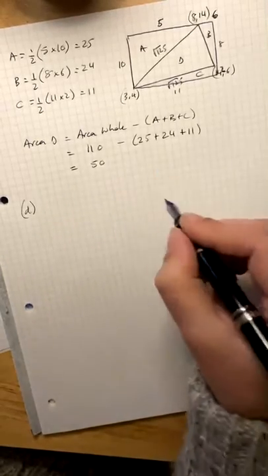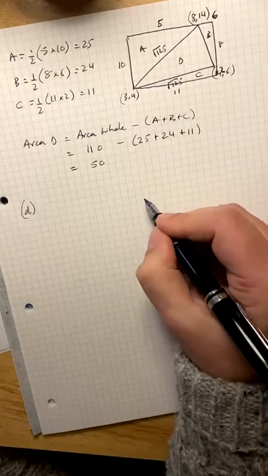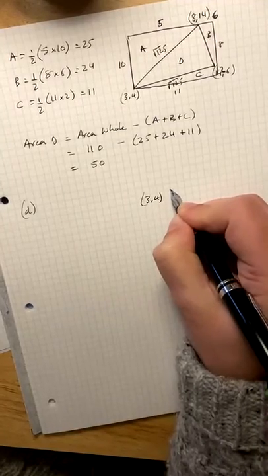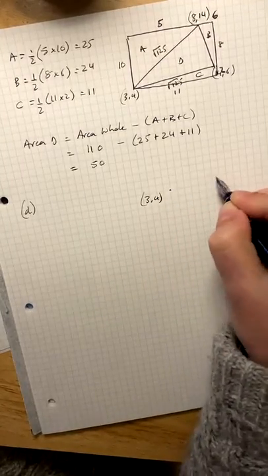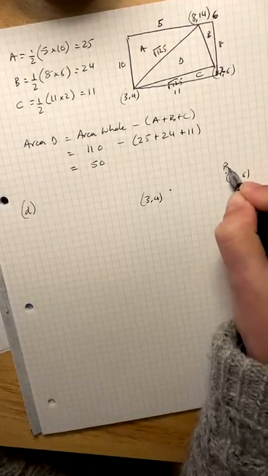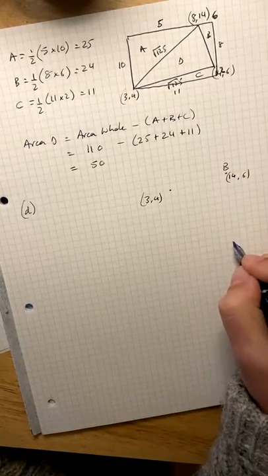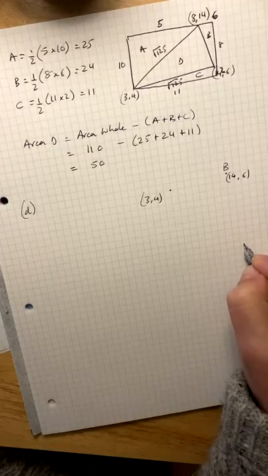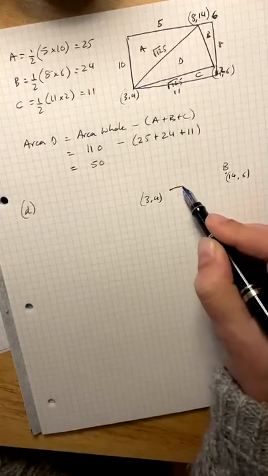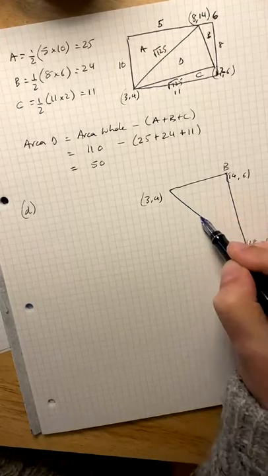So if we have a look, we've got A, 3, 4, B again, which is 14, 6, and then all the way down you've got D, 18, minus 16. Okay, so we have this sort of triangle here.